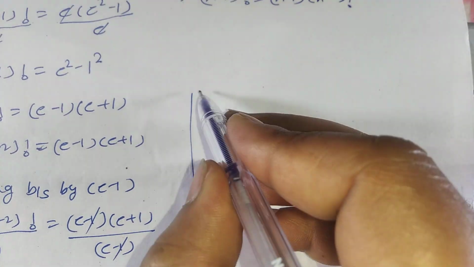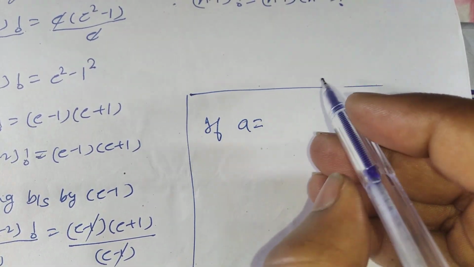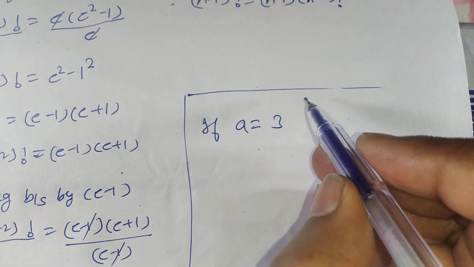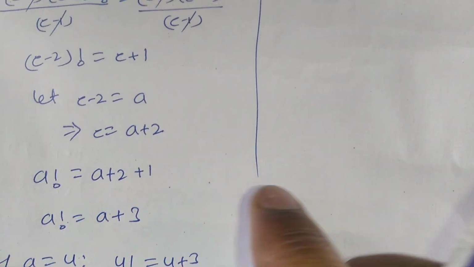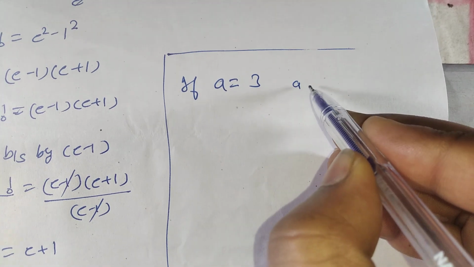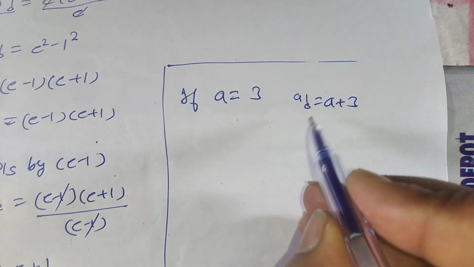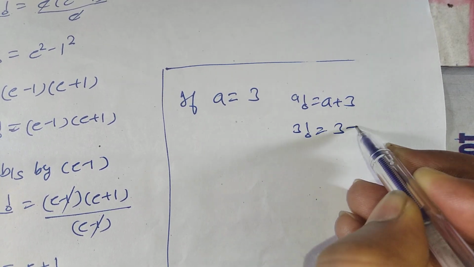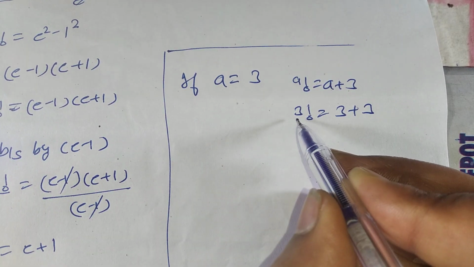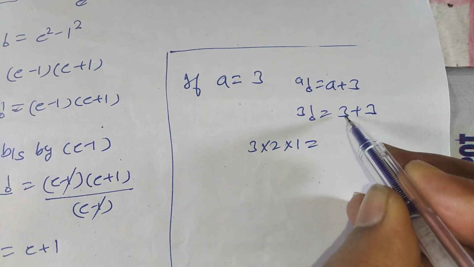Again solving, if a is equal to 3, then putting the value in the equation, factorial a is equal to a plus 3, factorial 3 is equal to 3 plus 3.